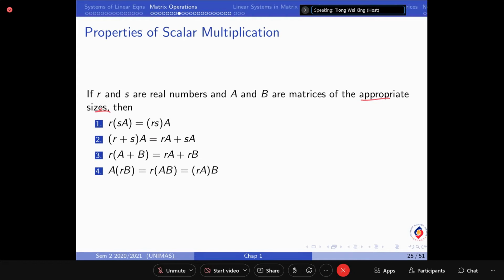Third one is R multiplied with matrix A plus matrix B equals RA plus RB. And the last one is A times R times B equals R times AB, also equals RA times B.